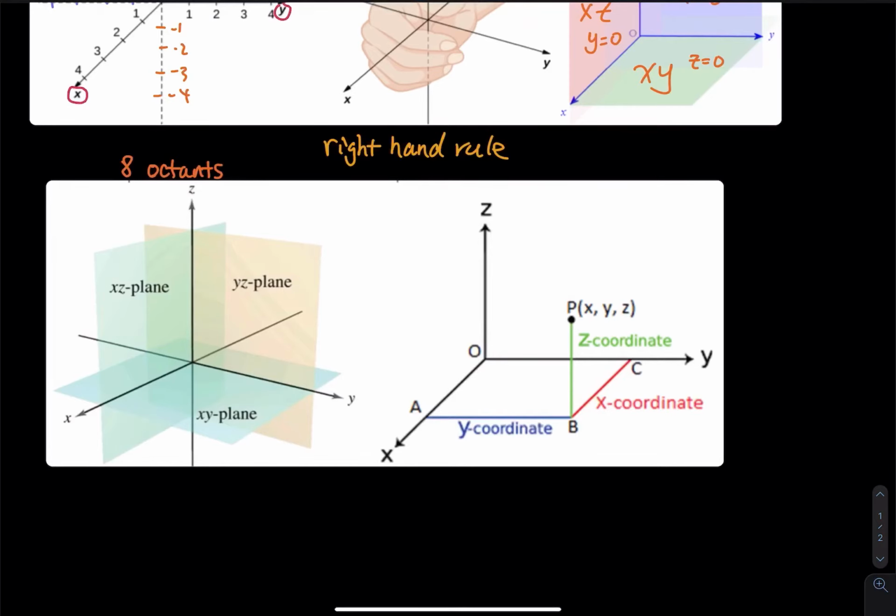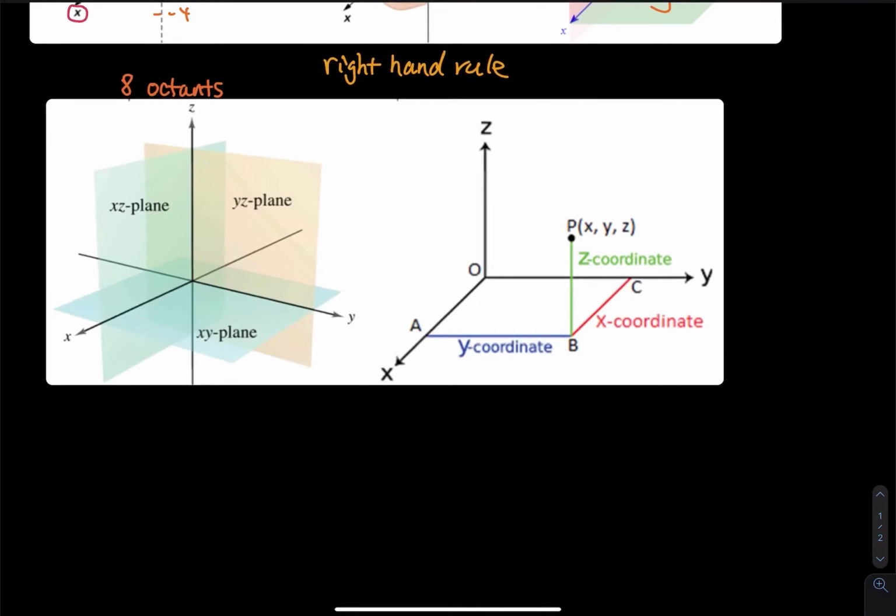Imagine this: you have a 3D box. The box is a square, so you cut the box into 2 pieces, or you are thinking of this as a 2-story building. You have 2 stories, and then you cut that right in the middle. So within the first story, we have 4 octants, 1, 2, 3, and 4.